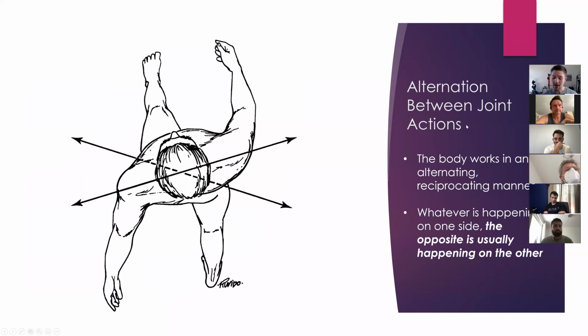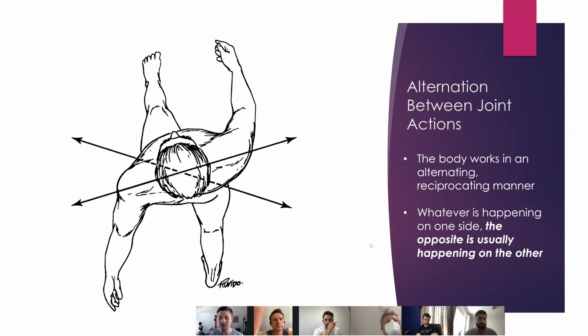Ultimately, though, I wish it was that easy, because depending on what movement you're looking at, most things in natural human movement are alternating and reciprocating joint actions. That means that if I'm in internal rotation on one leg and I'm in a split stance, I'm probably in more relative external rotation on the other leg.